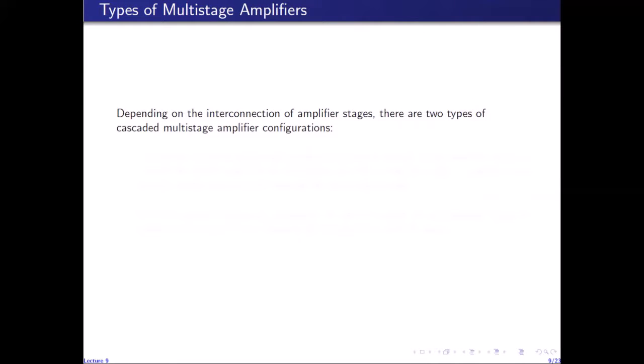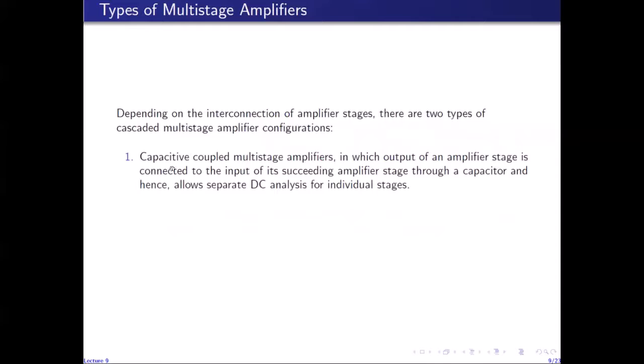So now we move on to different types of multi-stage amplifiers, and depending upon the interconnection of individual stages, there are actually two types of multi-stage amplifier configurations. The capacitive coupled multi-stage amplifiers, in which the output of an amplifier stage is connected to the input of its following stage through a capacitor.